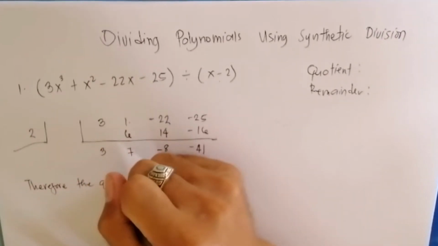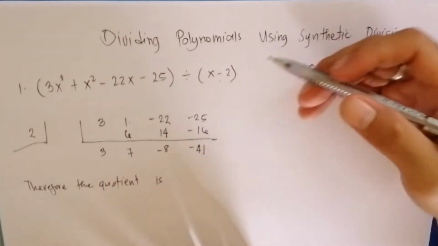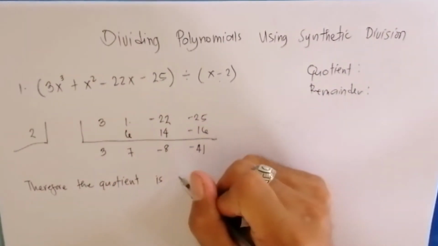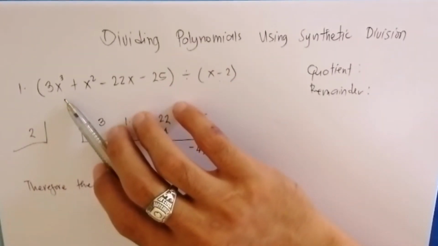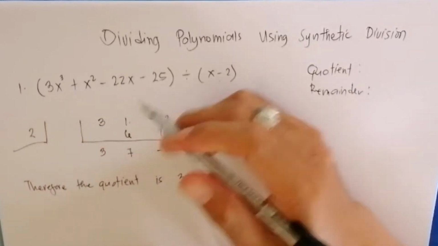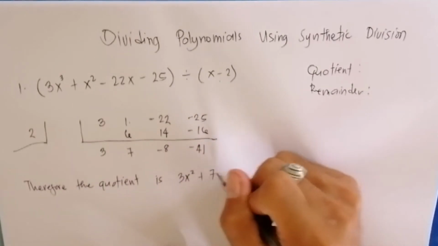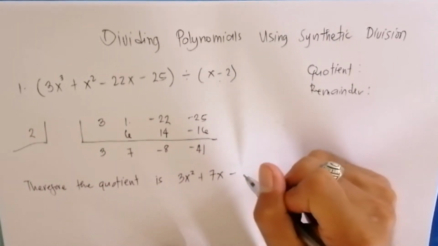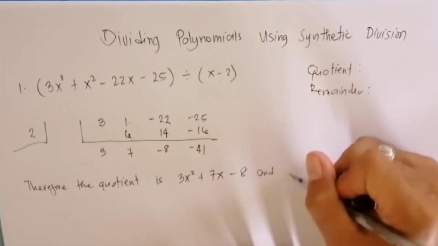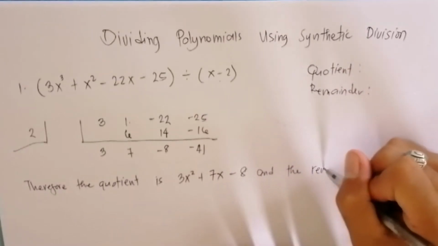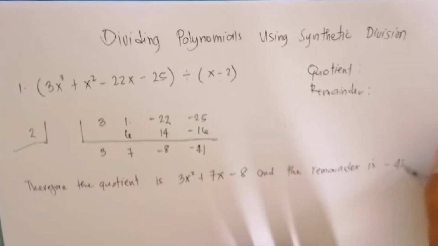the quotient is 3. Then since in the given problem the first term is cubed, we go down by 1, so that is x squared, then followed by 7x, then minus 8 as the constant, and the remainder is negative 41.